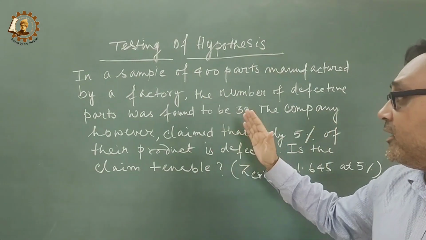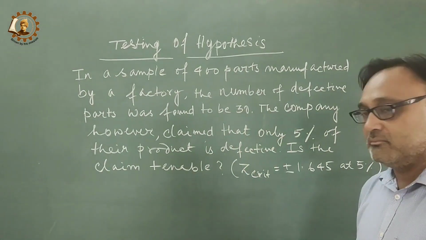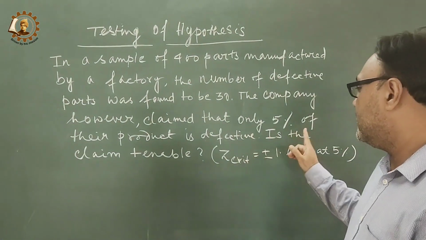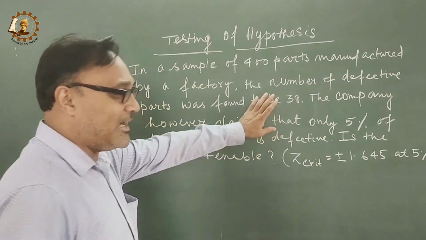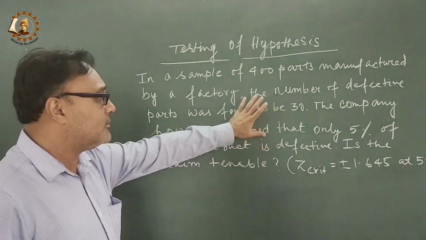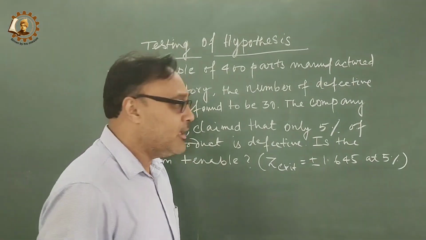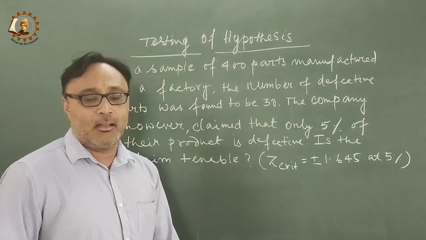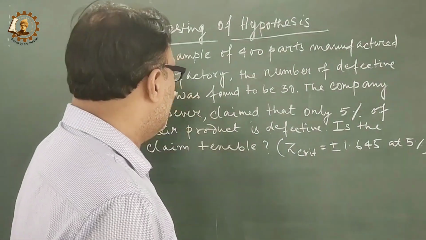The company, however, claimed that only 5% of their product is defective. Now the question is: is the claim tenable? That means we have to find out statistically whether the company is true or false. Okay, so this is the question, and let us see how to solve it.